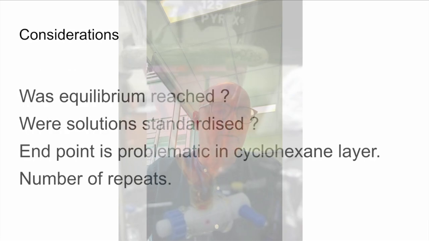The things you need to be aware of: we shook the funnel for 2 minutes. Was that enough? Did you do a trial for 1 minute, 2 minute, 3 minute, 5 minute, and see if there was more or less iodine dispersed, dissolved, solubilized within each of those systems? That would be a great thing to do, just to show that you control the variables.